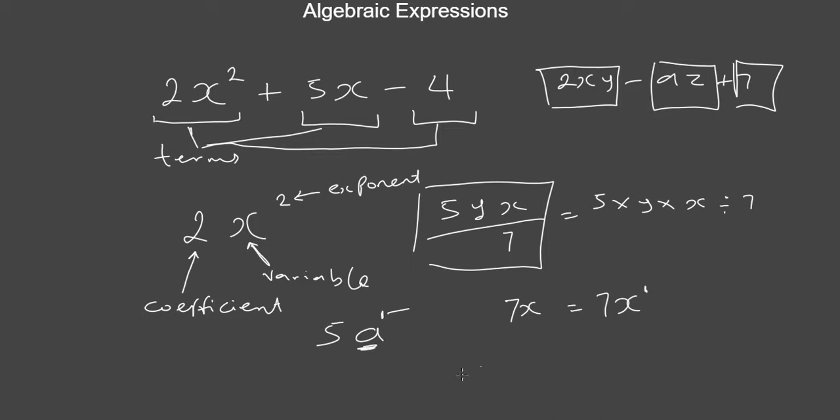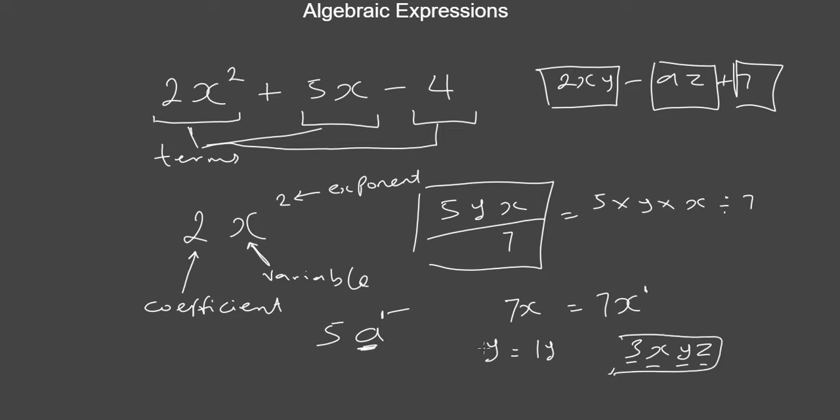Then there are times when you don't see a coefficient. Let's say I have y. In this case, the coefficient is 1, but we typically don't write the coefficient when it is 1. Then there are times you may have more than one variable. For example, 3xyz. Here we've got 3 variables and 1 coefficient. So these are all terms.